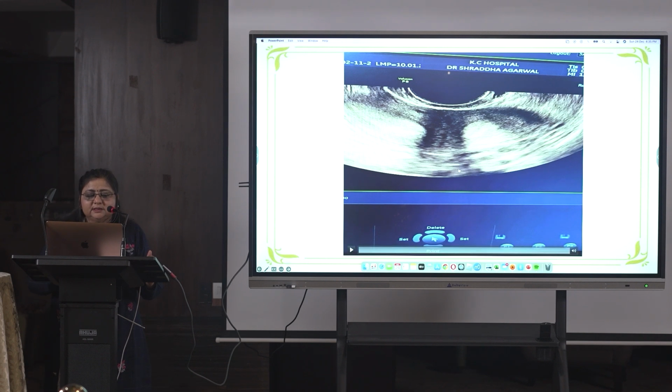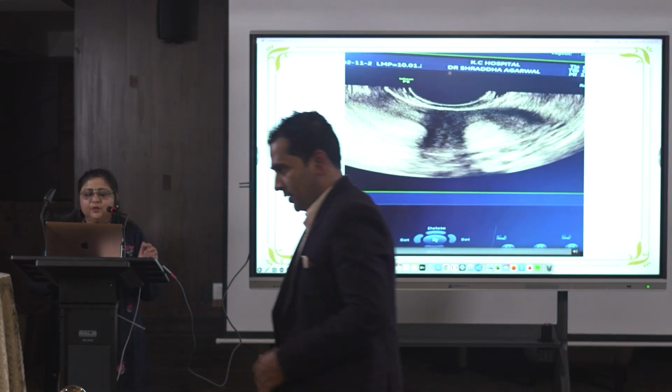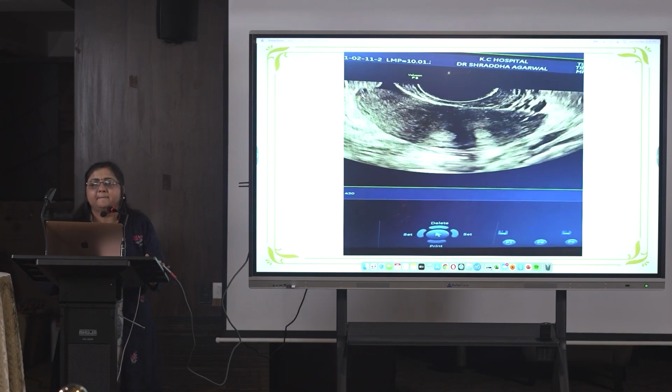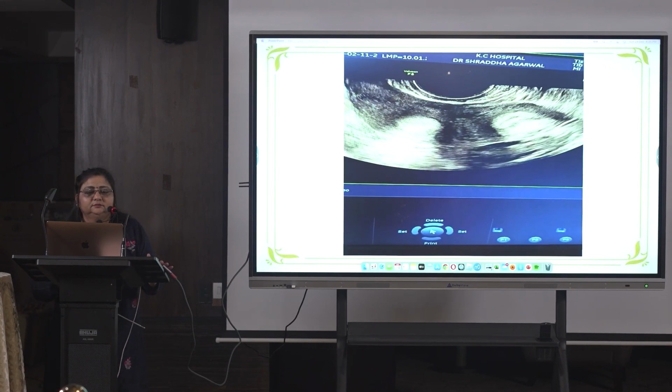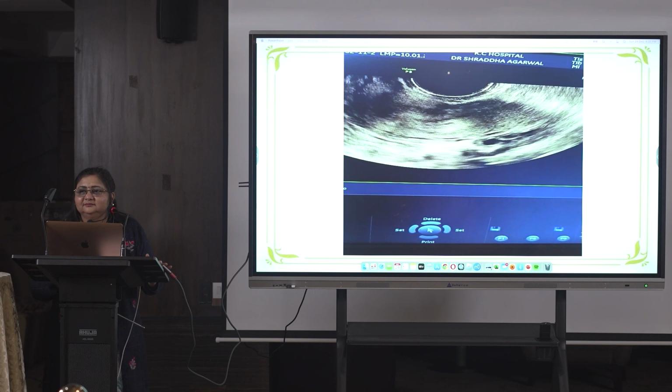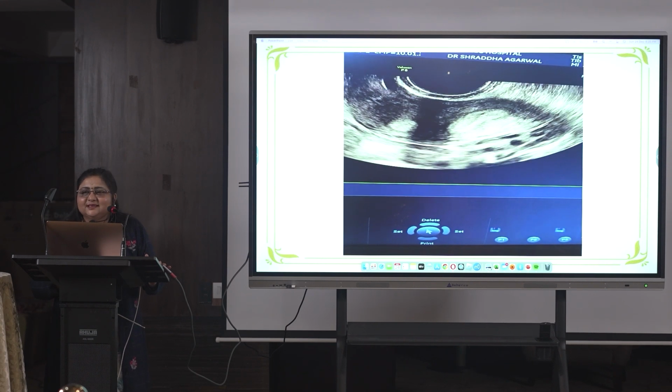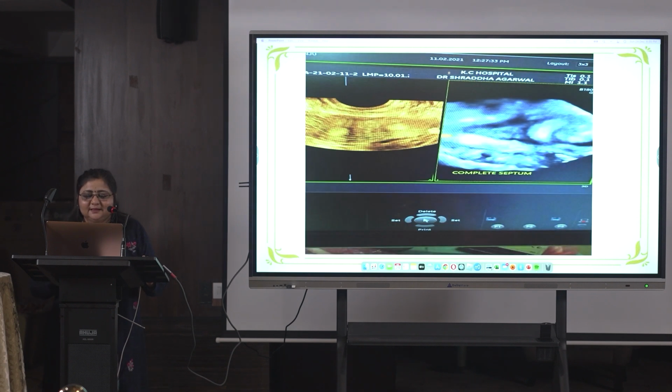Now, in this case we are doing a 2D ultrasound. So what will you do now? You are thinking it is a septate uterus. First DD is septate.